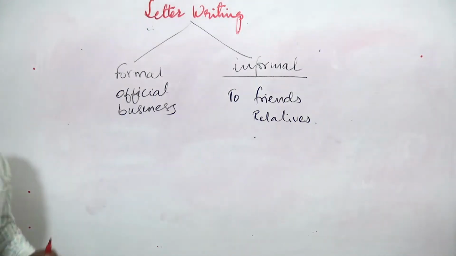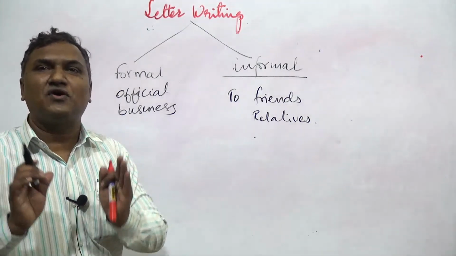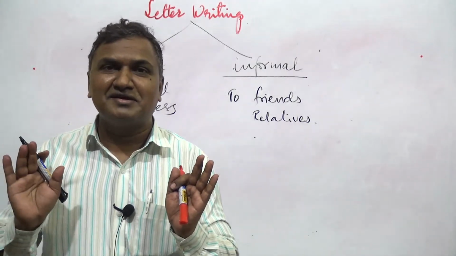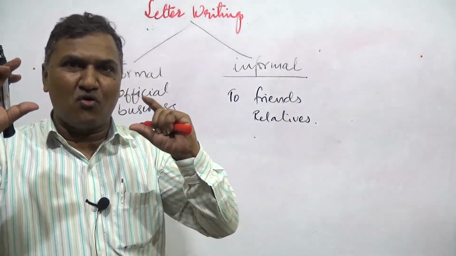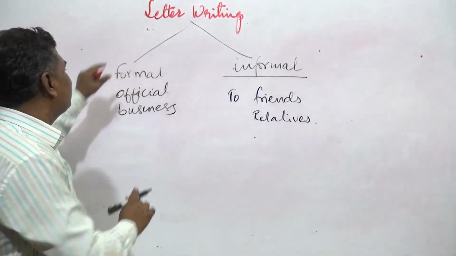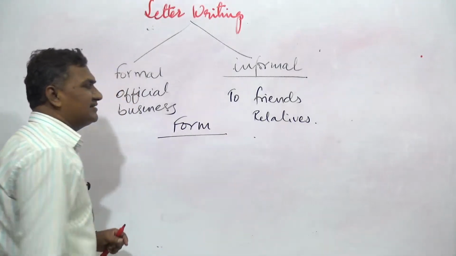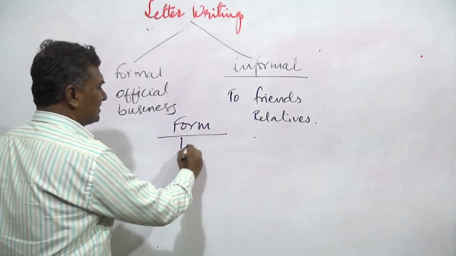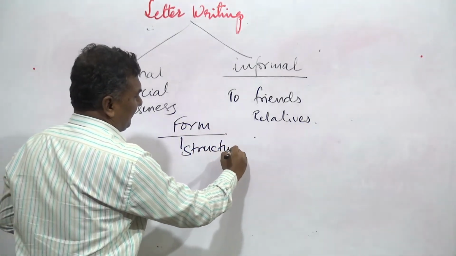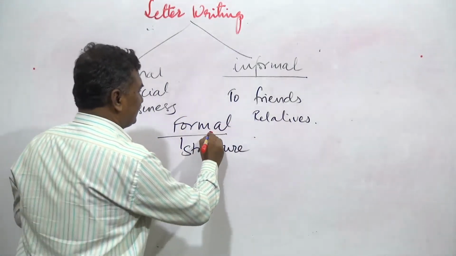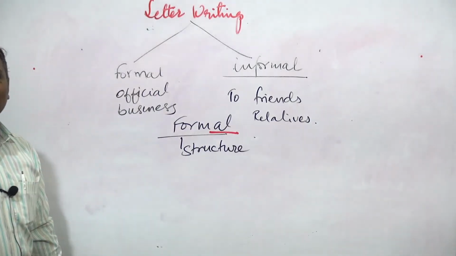But in formal letters, we have to take care of the form of the letter. So what's here? Look at the word form. Now when we say form, F-O-R-M, what does it mean? It means structure.